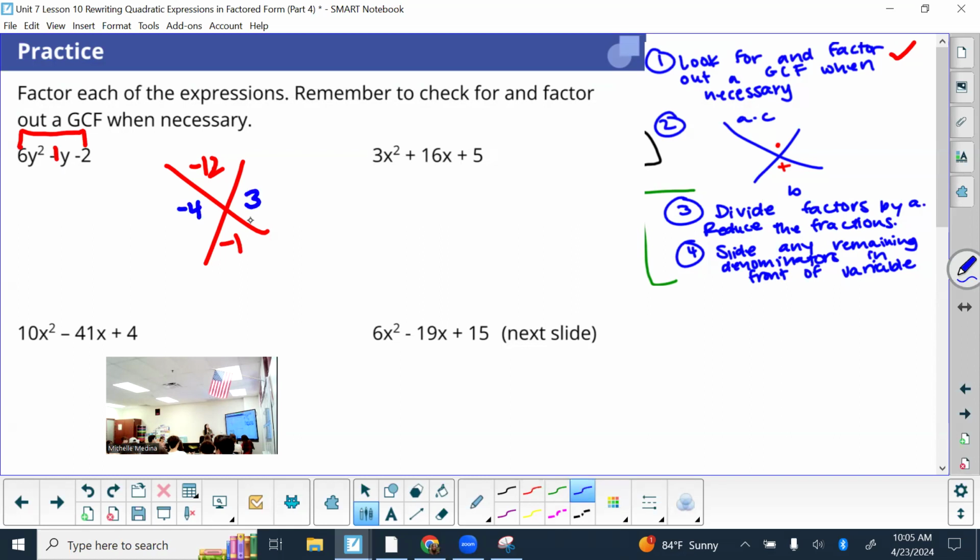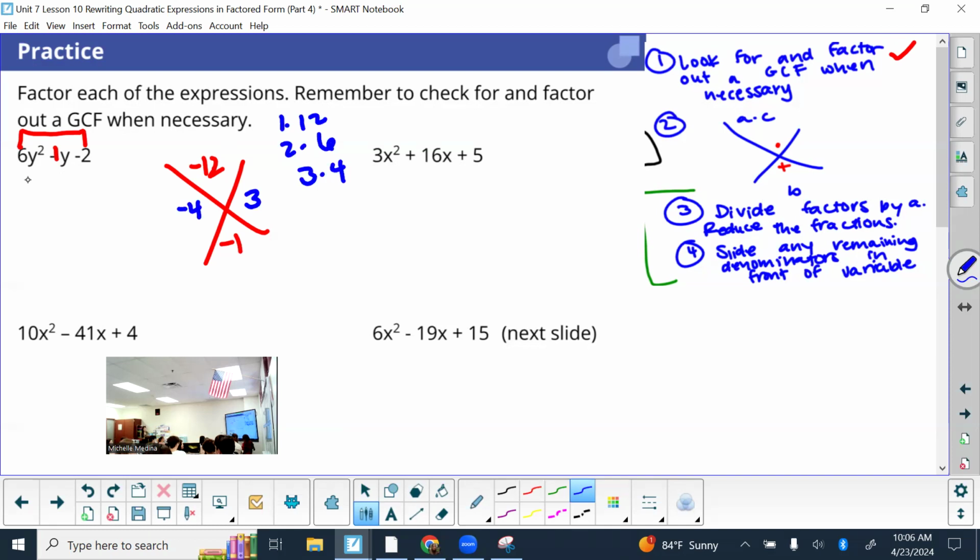Again, there's only a few numbers that multiply to 12 in general. I would go down the list, like 1 times the number, 2 times the number, so 2 times 6, 3 times the number, and then it starts to overlap. So yeah, it would have to be -4 and +3 if it adds to a negative.